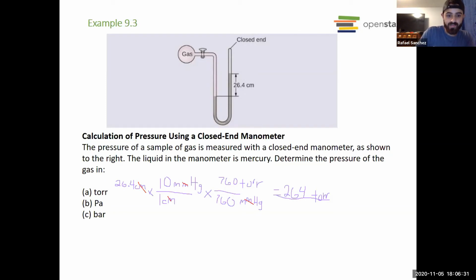You could start with millimeters, or you could take advantage of the fact that Selena already converted to torrs. Oh, and then we go from torrs to atmospheres. Yep, and then you could go from atmospheres to pascals. Okay, let me see if I got this.